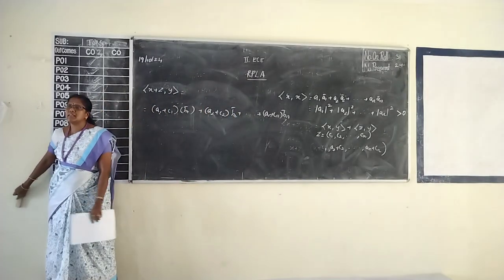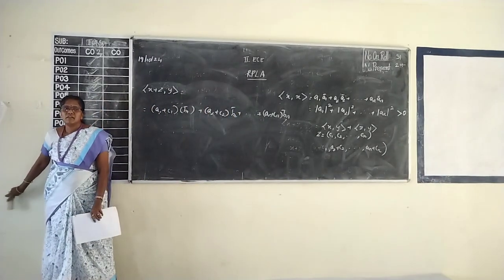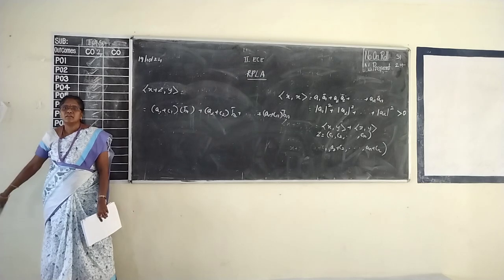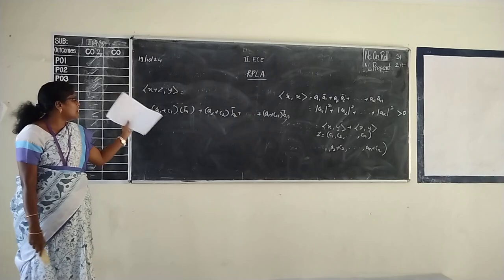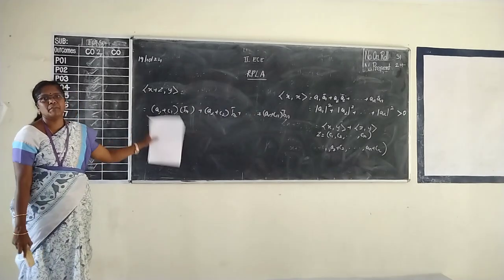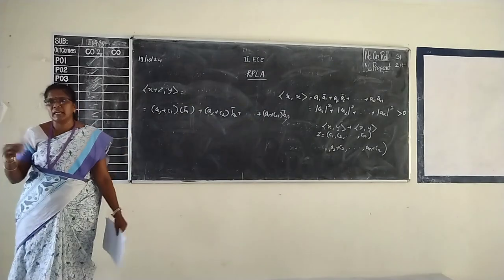Now can you prove your RHS or not? What is the right hand side you have to prove? Inner product of x comma y and z comma y. X comma y means which elements are combined?